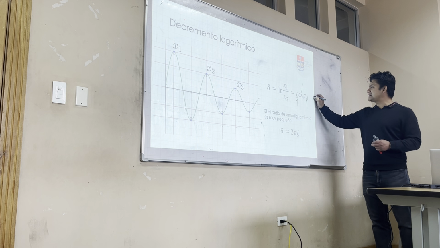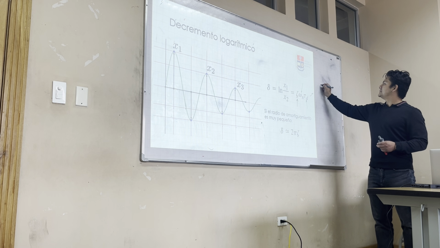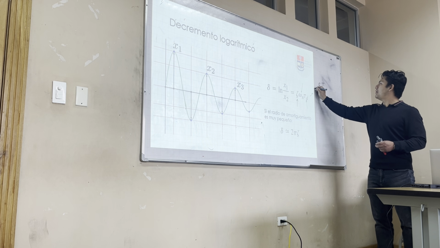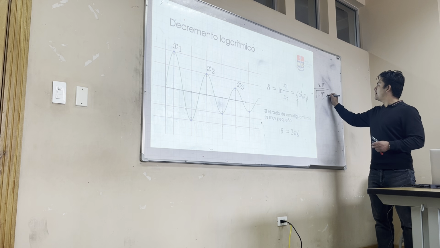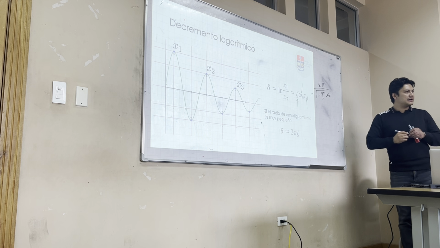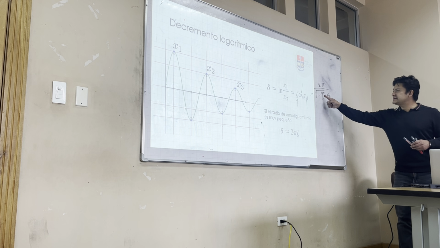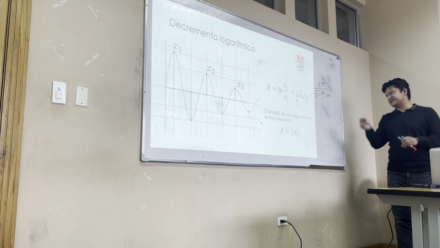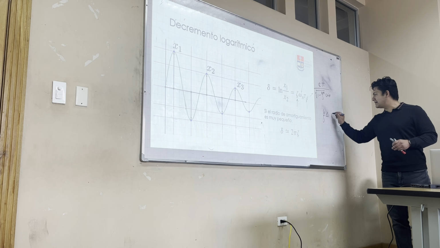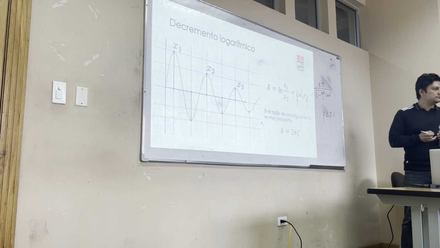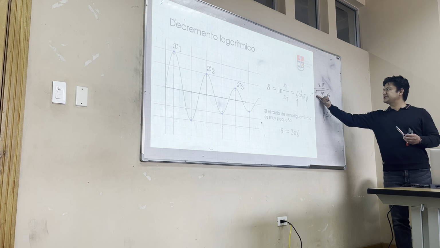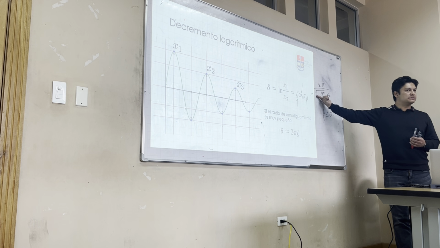How do you calculate the damped period? This is just 2 pi over square root of 1 minus this value squared, times omega n. Right? If this happened to be quite small, for example lower than 0.1, this expression is very, very close to 1.